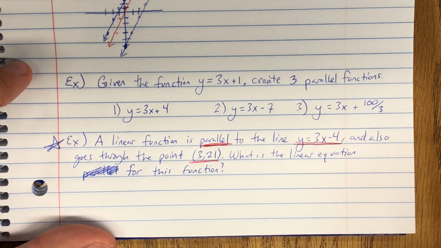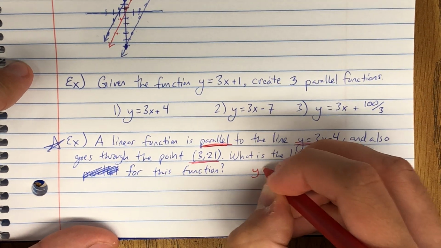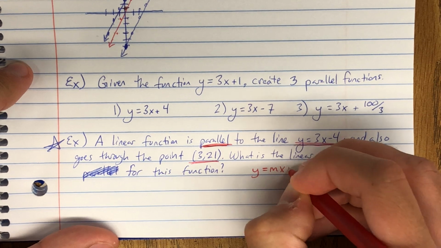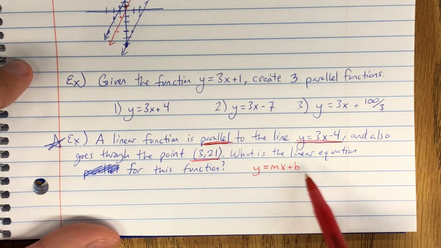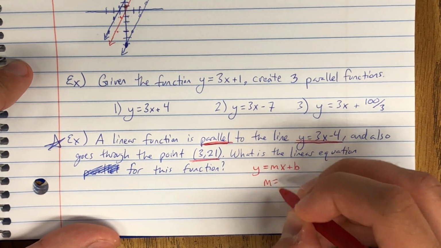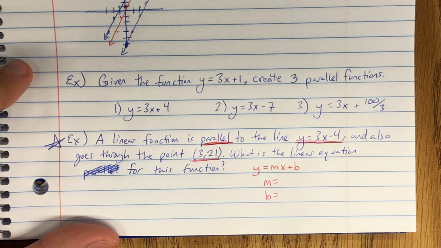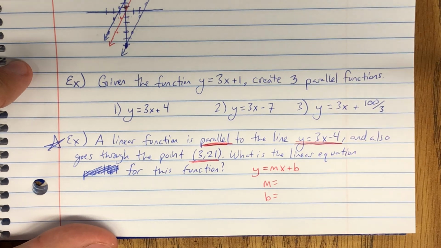So we want to write a linear equation, so that means we're probably going to be using slope-intercept form, y equals mx plus b. So we're creating a new equation, so that means we need an m and we need a b. From this problem, we're told the linear function is parallel to this line.